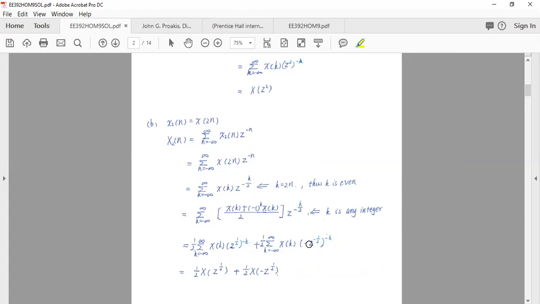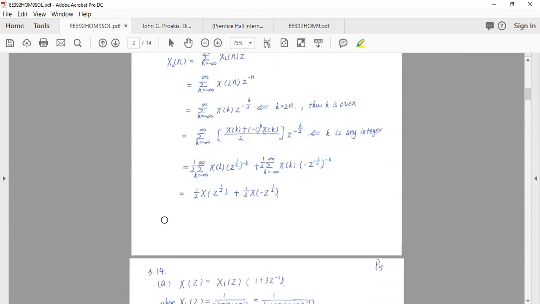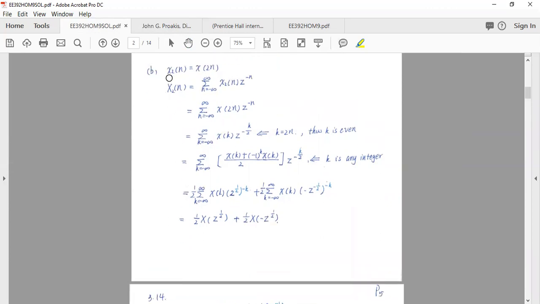So we have negative z to the power of negative half, whole thing to the power of negative k. So basically we get half multiplied by x of root of z plus half multiplied by x of negative root of z. So this is the z transform of x2 of n in terms of x of z. This is what we get.